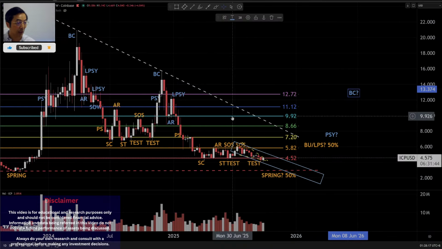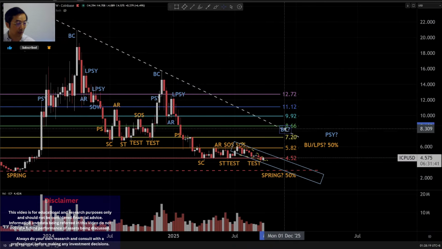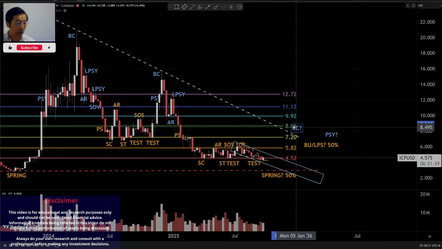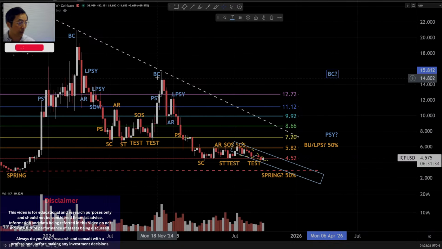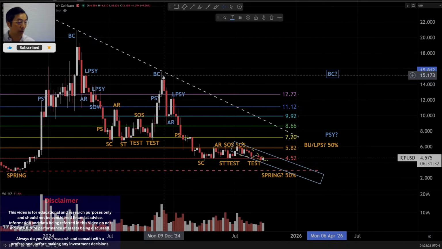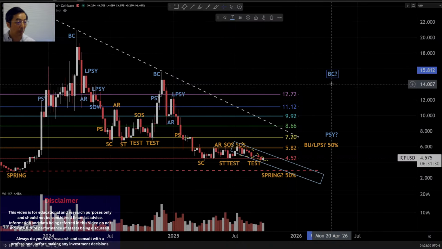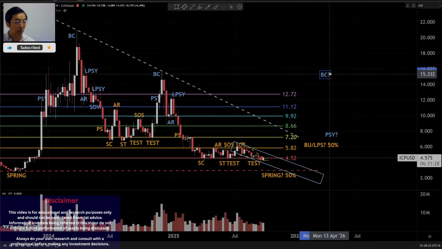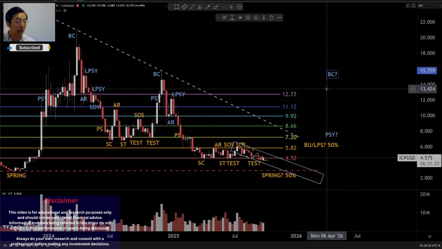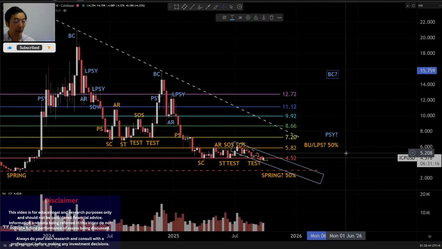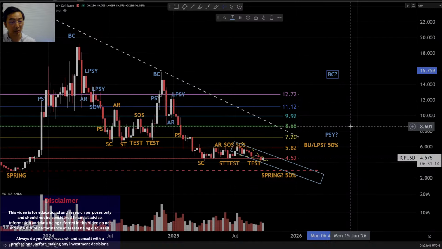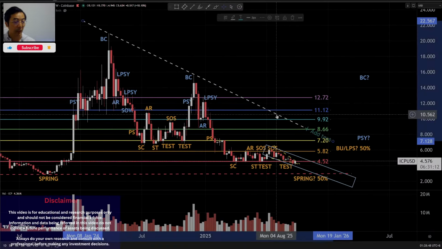So rather than having a buying climax somewhere here, around the green key level, we hope to see it above the purple, because that's where the last buying climax back in December 2024 was. When that happens, this means in the long run, ICP still holds an investment or speculative value, instead of going deeper and deeper, meaning you've got a declining return in the long run. So that's the meaning of this line.